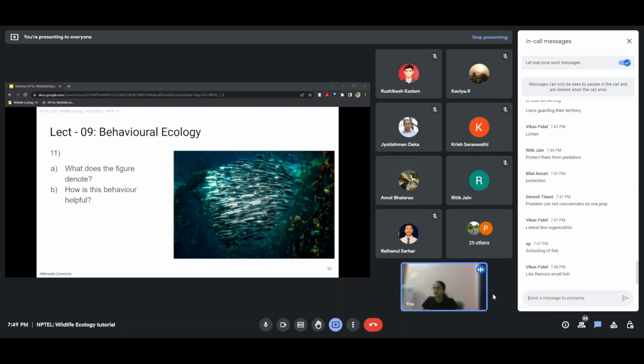Okay, what is happening in that in zebras? Right. Yes, it forms a very confusing pattern and the predator is not able to focus on a particular target. So yeah.